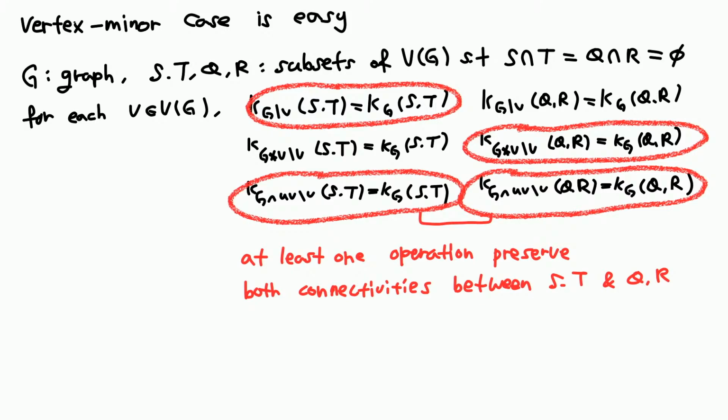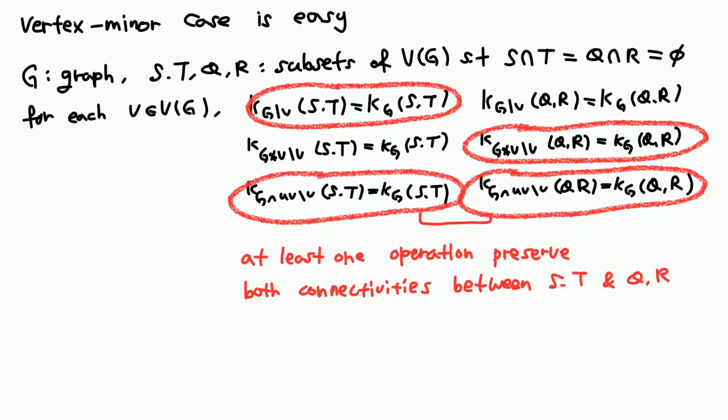By applying the linking theorem for vertex-minor, we can find at least 2 operations that keep connectivity for the pair S and T. Similarly, we can use the linking theorem to find at least 2 operations that keep connectivity between Q and R. Then these 2 operations and these 2 operations must have a common operation.